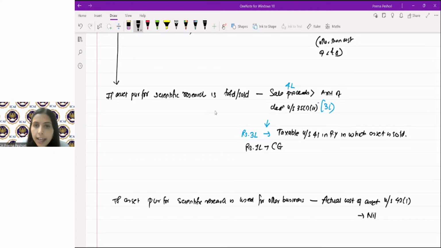And no depreciation would be allowed. No depreciation on that because you have already claimed that as a deduction. Clear? Are we clear? Any doubt? Clear? And if it is sold, then it will be taxable under 41.